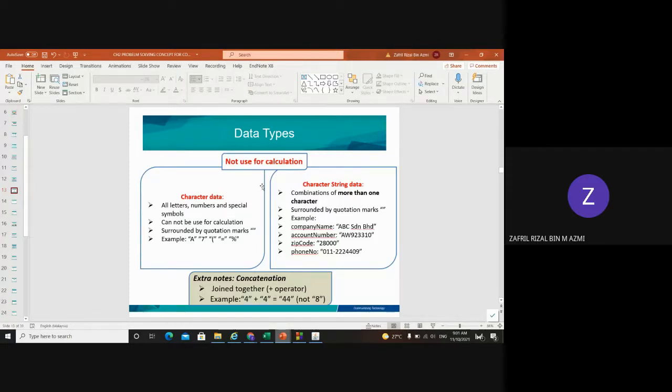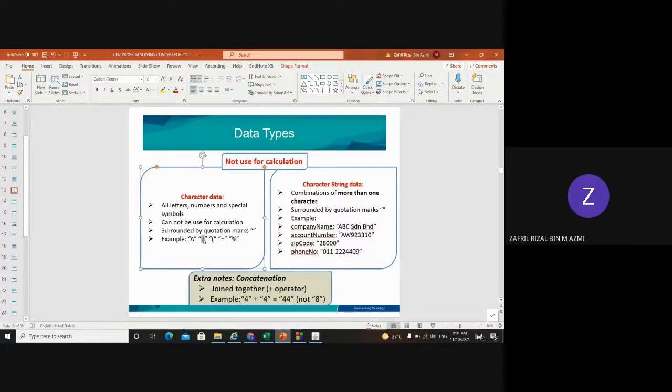And then character or string. A character is a single character. A7 is considered a character. Don't get confused about why there is a 7 in this character data.